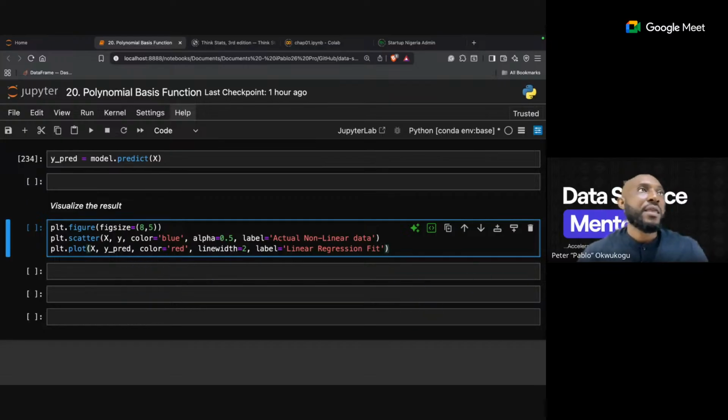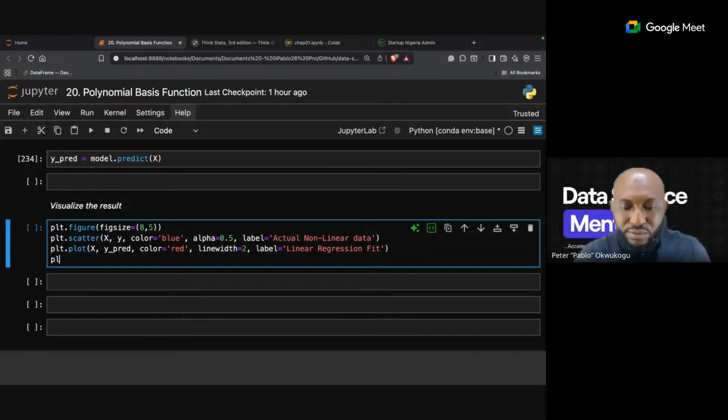So we've done that. Now, as usual, we'll put some titles with plt.title. What we're going to say is we're fitting a straight line through curved data.